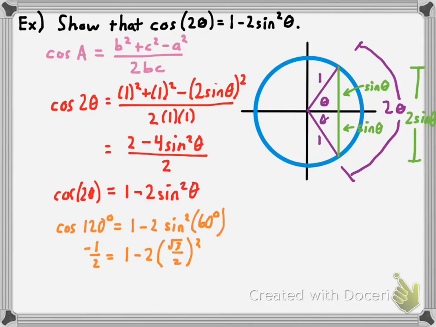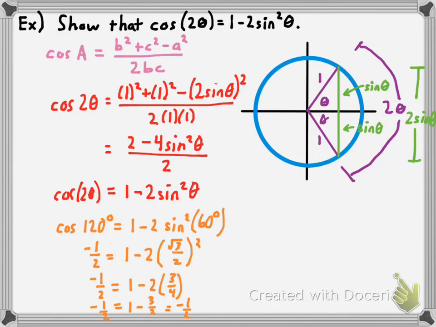Now that means that negative 1/2 is equal to 1 minus 2 times 3/4, right? You square the square root of 3 over 2, you get 3 over 4. And then that becomes 1 minus 3/2 on the right side, which is equal to negative 1/2. All right, so for the particular value of theta we chose, that equation right here was true, and it would be true for any angle that you choose.